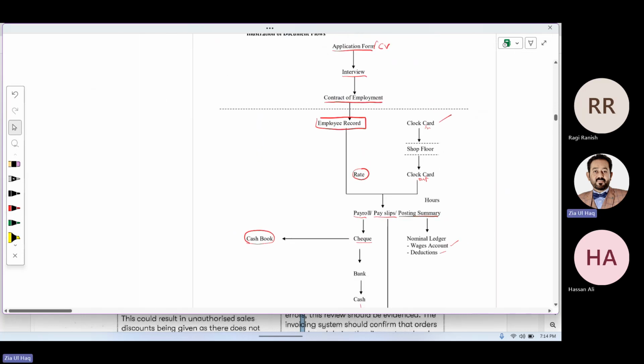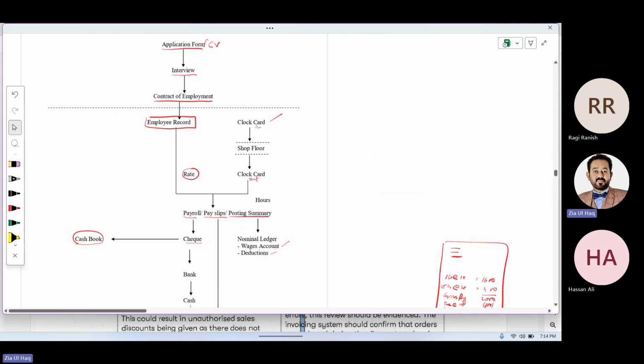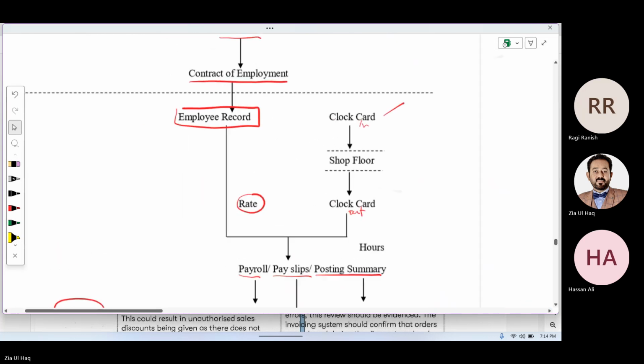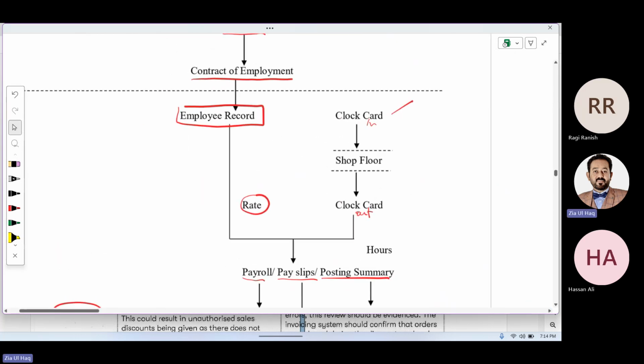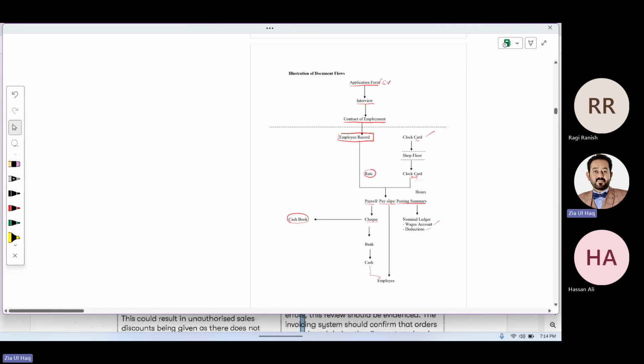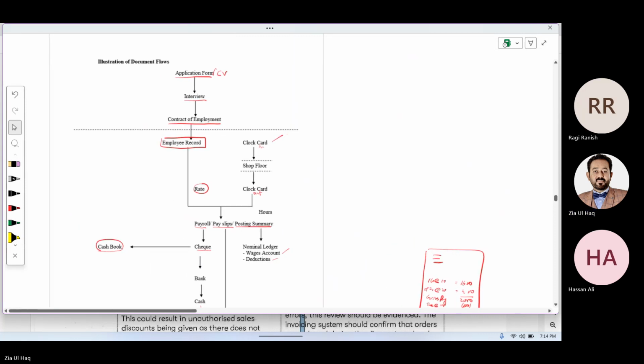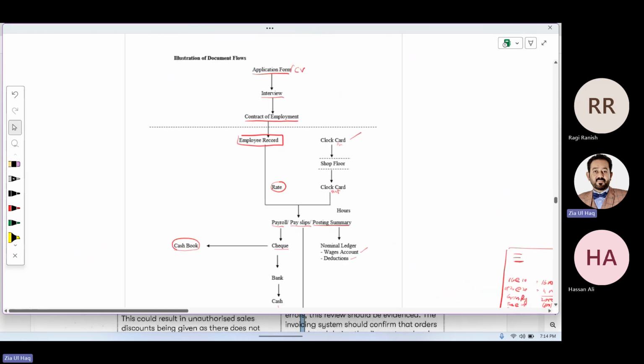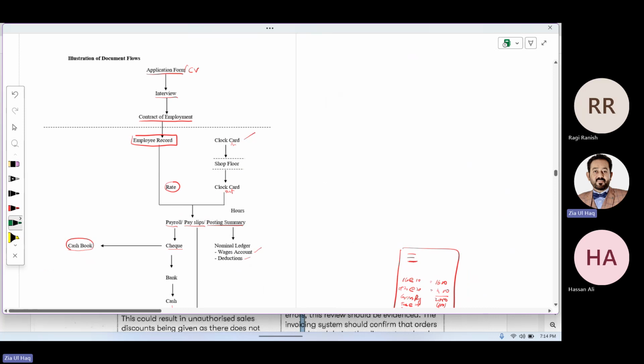Now we need to discuss what the controls are. What should be the controls in this system? Okay. There are three types of processes in this system. One process is employee record maintenance.